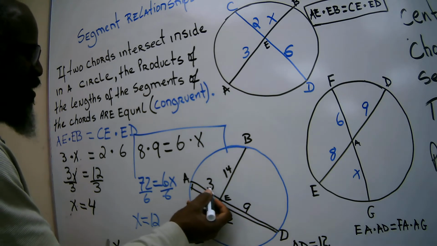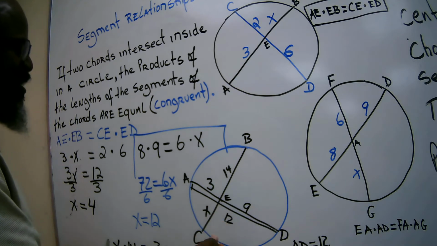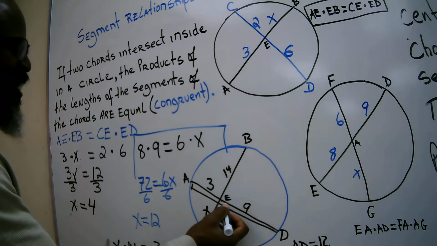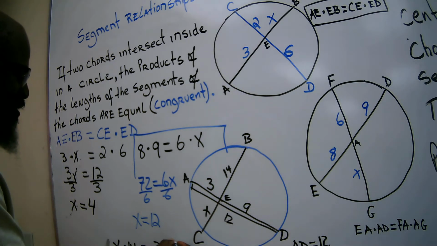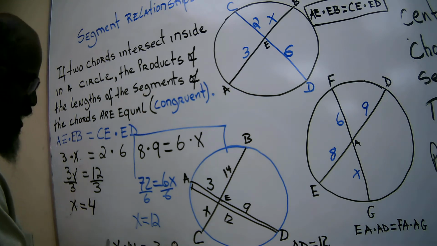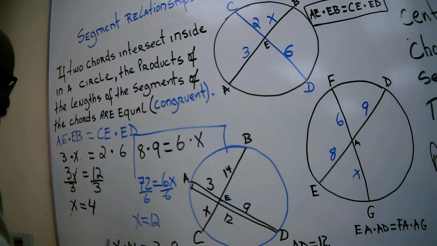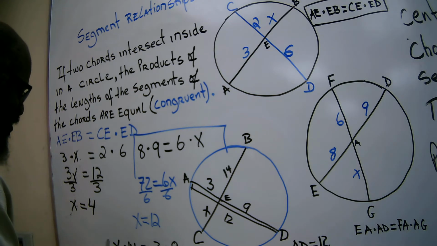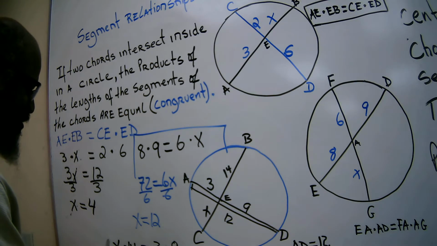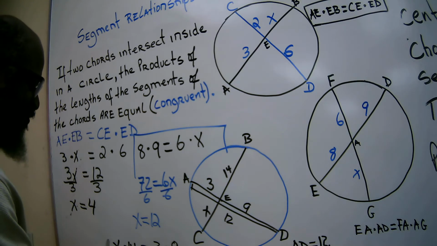That's why we have 3 plus 9 is 12. Therefore, 3 times ED, which is 9. Then you will end up with 14x is equal to 27. Then you divide by 14. In this case, x, which is CE, will be 27 over 14.